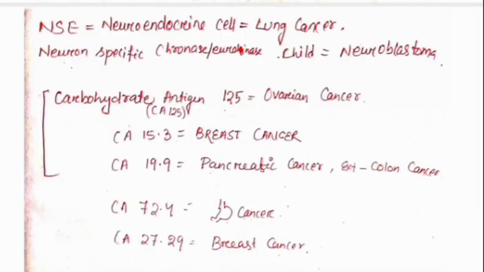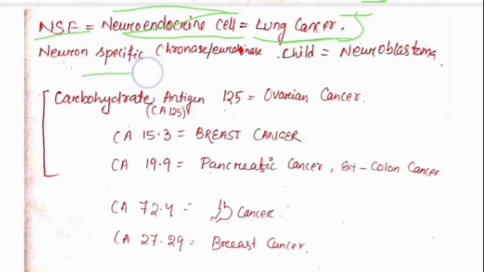Also, because of neuroendocrine cells, it is very important and commonly asked in viva: lung cancer, small cell of the lung. When metastatic or malignant, the NSE, neuron specific enolase, level increases, and you can remember that in neuroblastoma also the NSE level increases.